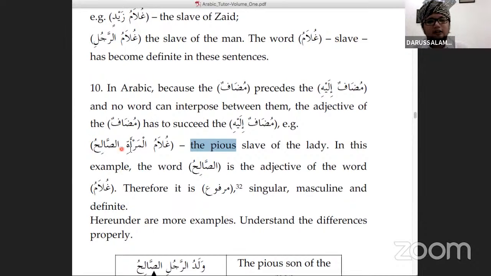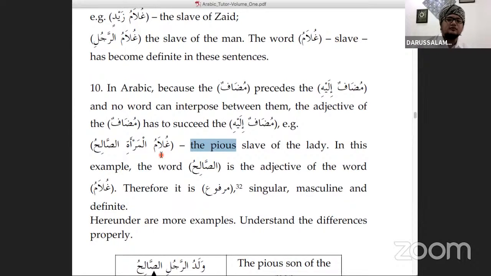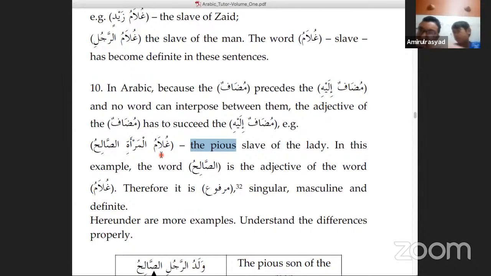Ghulam is ma'rifah or nakirah here, ghulam? Ghulam, is it ma'rifah or nakirah? Ma'rifah. Why is it ma'rifah?